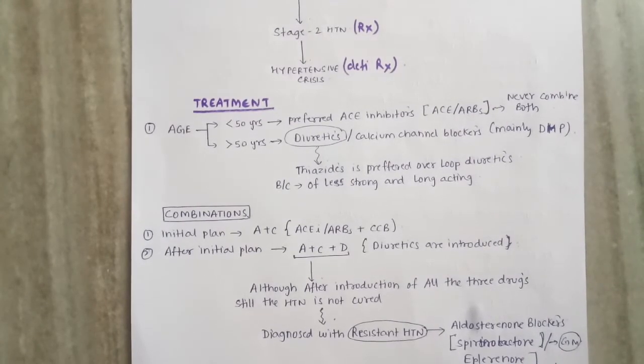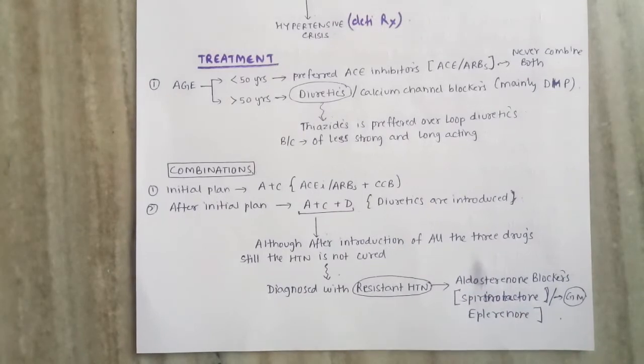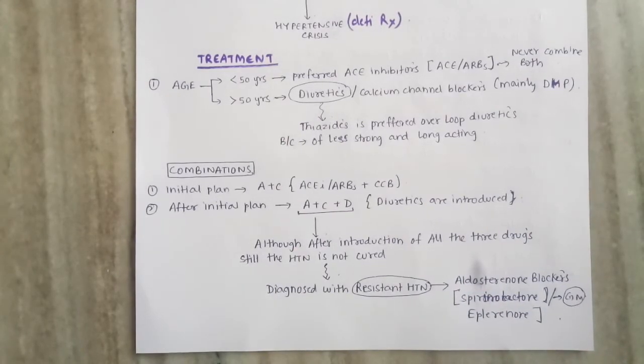So what combinations for the initial plan, and after the initial plan is not successful, we can go for the further plans also. For the initial plan, we can go with the ACE inhibitors plus calcium channel blockers. If ACE inhibitors are not tolerable, we can go with the ARBs. So for the initial purpose, we can go with the ACE inhibitors or ARBs plus calcium channel blockers.